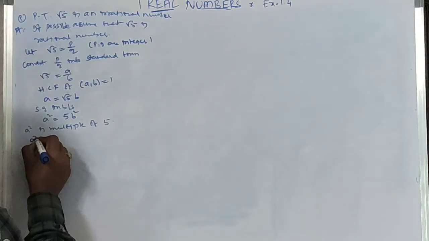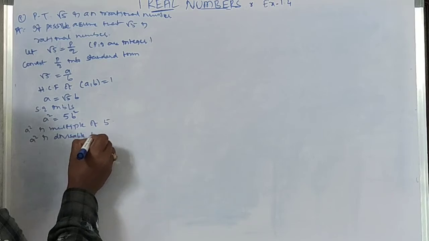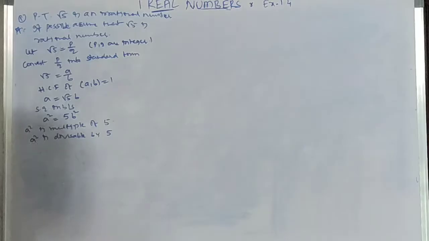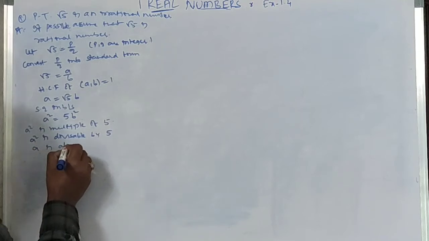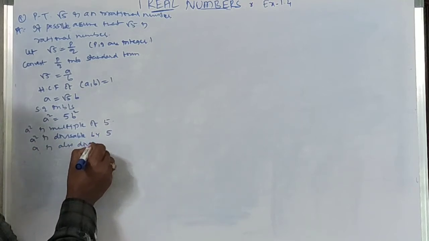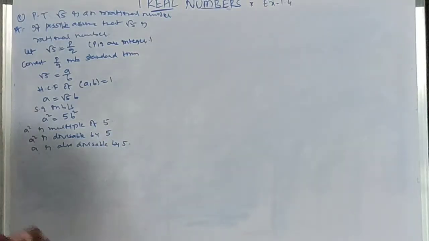So a square is divisible by 5, and automatically a is also divisible by 5.